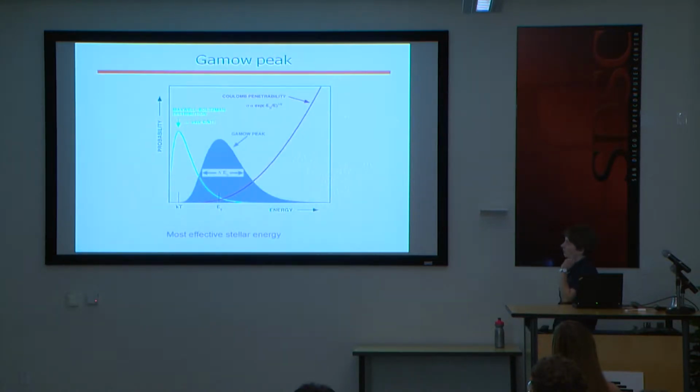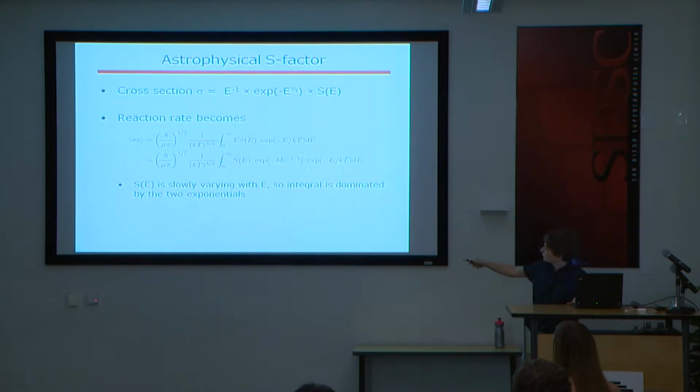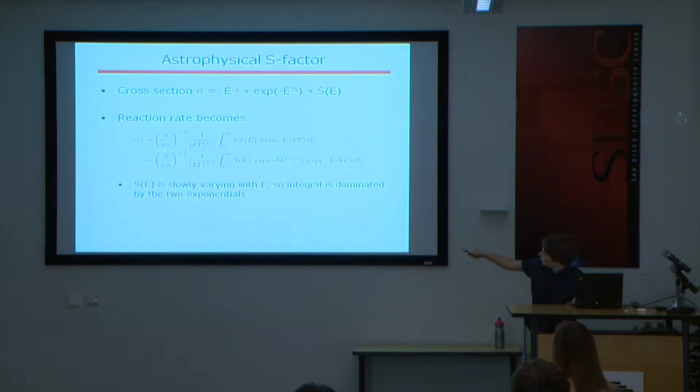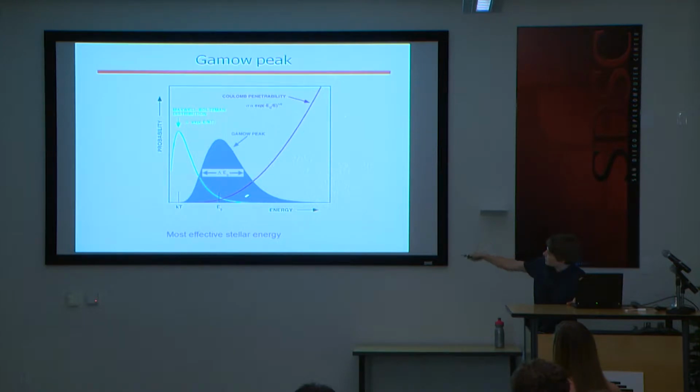And if you plot that, these two exponentials are this green e to the minus E over kT piece from the Maxwell-Boltzmann distribution, and then the exponential e to the minus E to the negative 1/2 is this piece here.